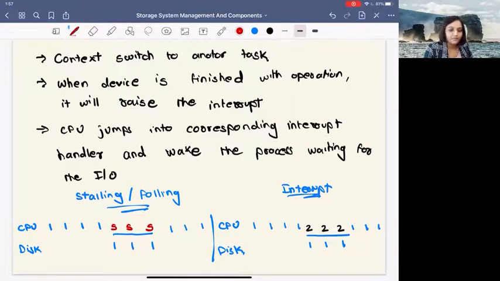So if the disk is very fast, what would happen in case of interrupt is we don't have the 3 seconds that the device takes, but the device is too fast that it returns right here at this time. But meanwhile, if we are using interrupt, then we need some time for the CPU to go out and look for the other task, such as process 2 that it fetches over here.